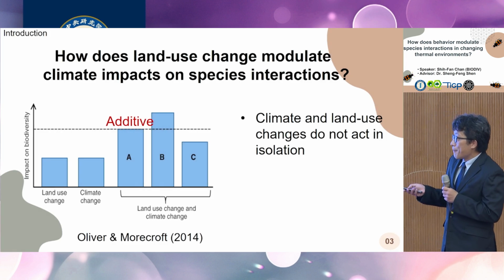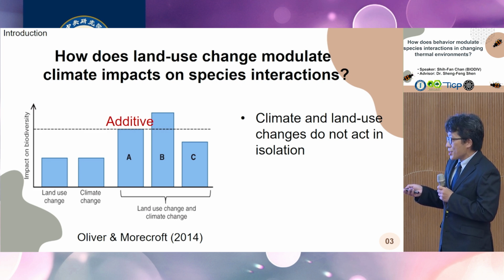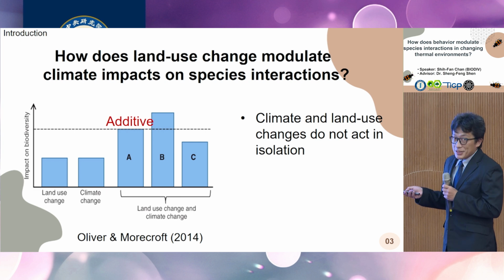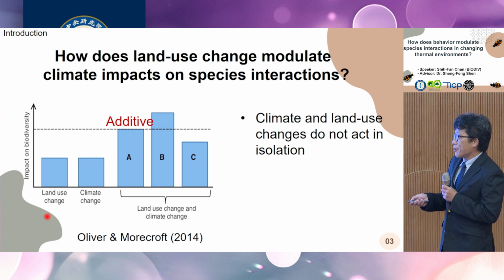When we are talking about the effect of land use change and climate change, these two biodiversity stressors do not act in isolation. When we are talking about their joint influence, at first we think that the effect is additive. That means that the joint effect is simply the sum of each different stressor.